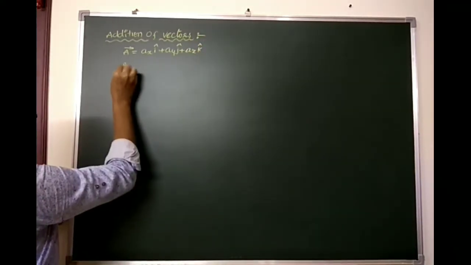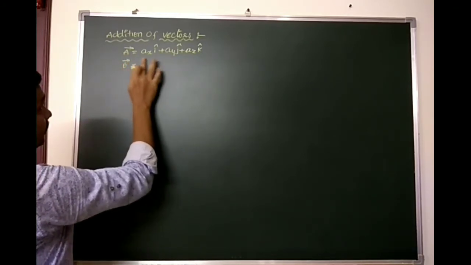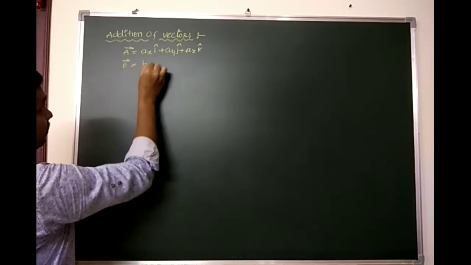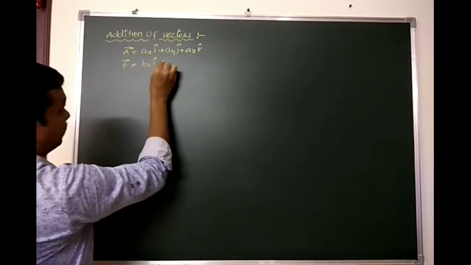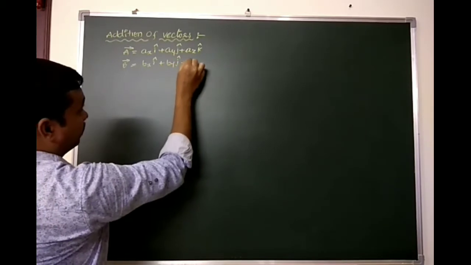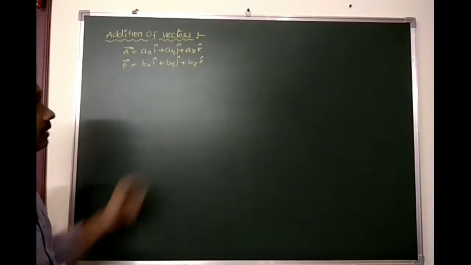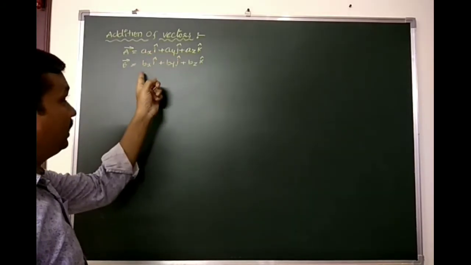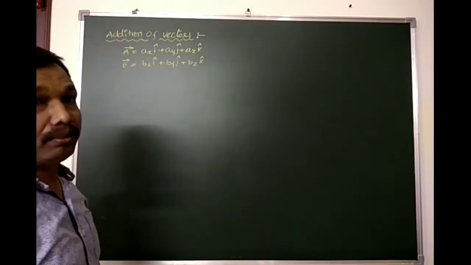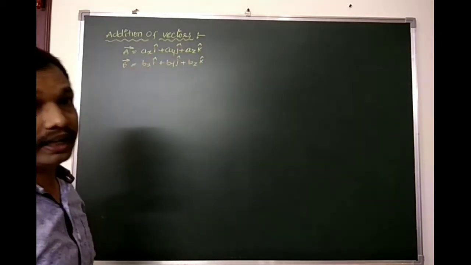Similarly, b vector equals bx i cap plus by j cap plus bz k cap. Ax, ay, az, bx, by, bz are the magnitudes which are along unit vector directions.